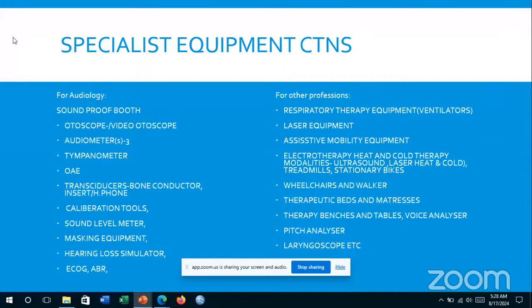In most of our clinics in Nigeria here, they are sophisticated and expensive, but they are most valuable to diagnose and manage certain conditions. So in audiology, it ranges from screening equipment to diagnostic, even down to rehabilitation setting. It may not be available in all health centers as I've said.